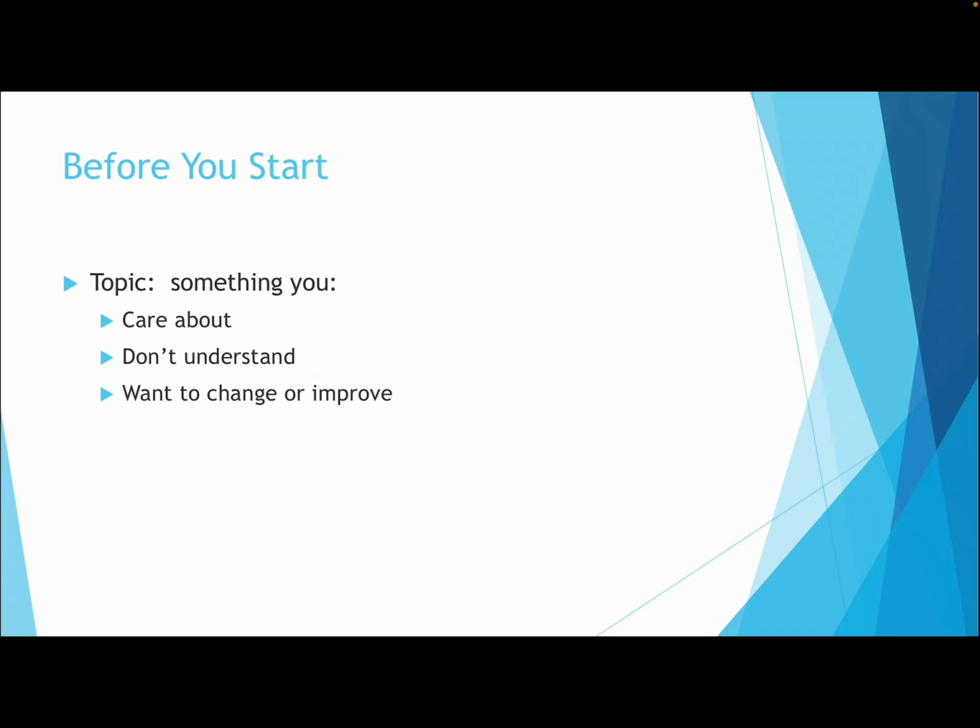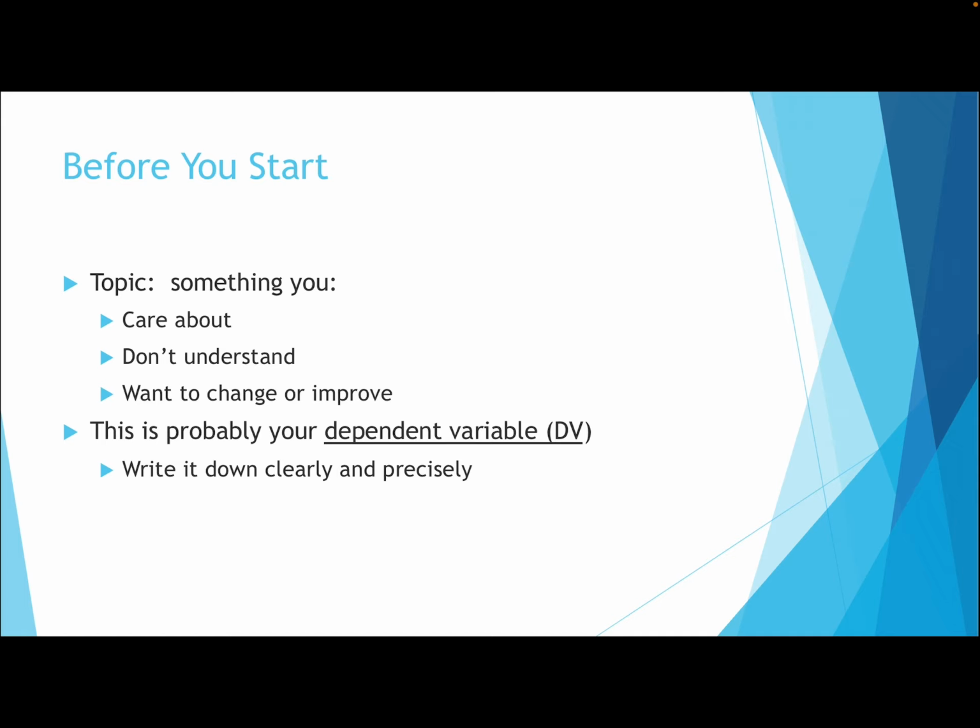Even if you're excited about it on week 1, you may not be excited about it on week 5. Something that you care about, don't understand, and want to change or improve, you'll keep doing the work on because you really do care about it and want to see it improve. So the more you can pick a topic that does that, the more motivated you'll be on week 11.